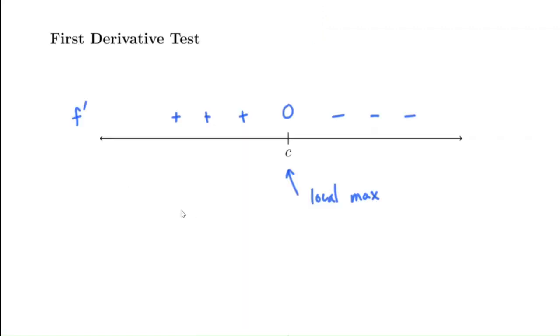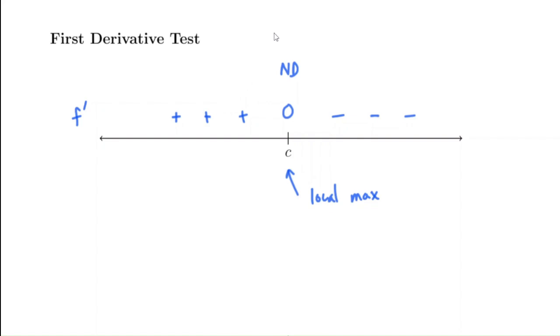So the first derivative test tells you that if you have a situation like this, where we have pluses to the left of a critical number and negatives to the right, we have a local max. Now, by the way, sometimes you'll see ND written right here instead of 0. So ND means not defined. In that type of situation, instead of the curve rounding off at the top, you just have a sharp corner at the top, like a V. For example, an absolute value function has a sharp corner in it, right?